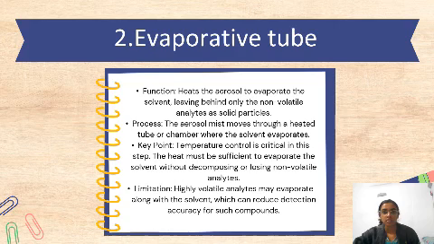The second part is the evaporative tube. Its function is to heat the aerosol to evaporate the solvent, leaving behind only non-volatile analytes as solid particles. In this process, the aerosol mist moves through a heated tube chamber where the solvent evaporates.